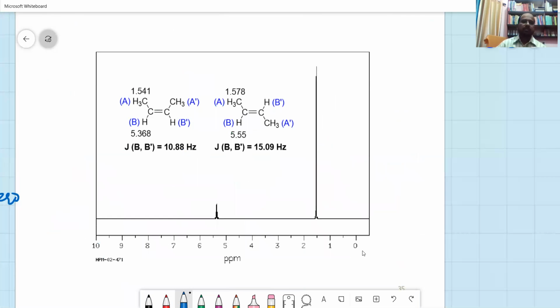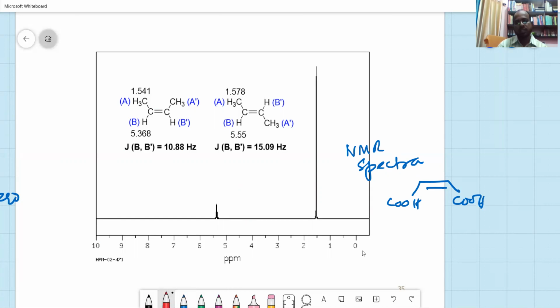So the NMR is given there. In the NMR spectra, if you have two COOH groups on the same side, this H and this H along this will have some coupling. This H and this H are opposite, and this is very adjacent.